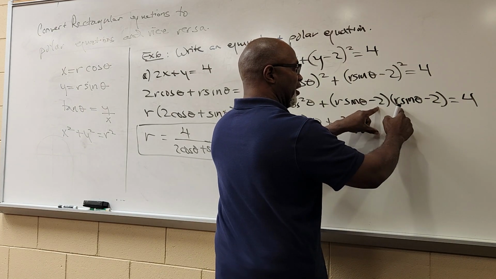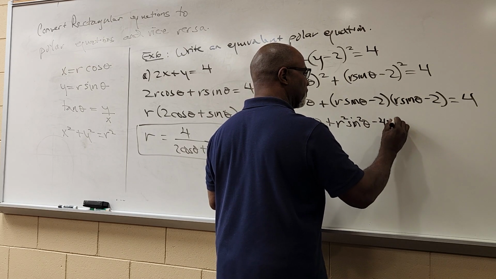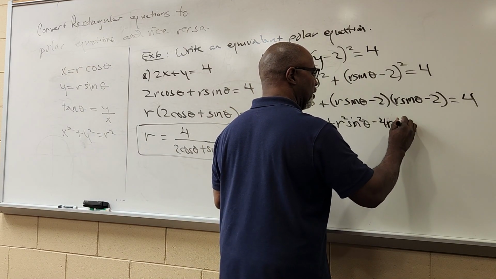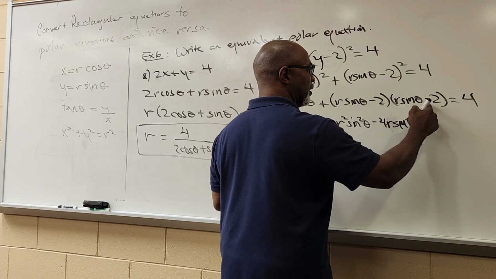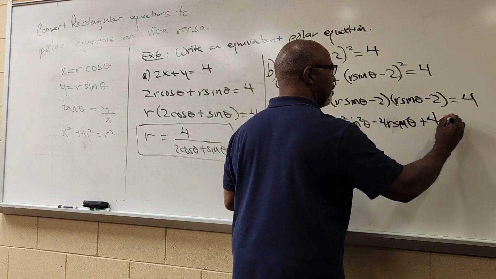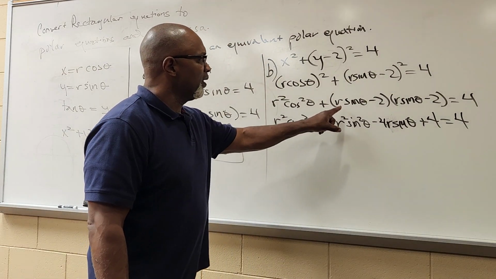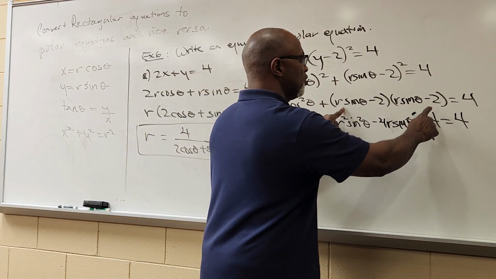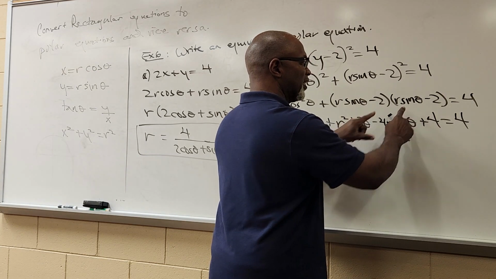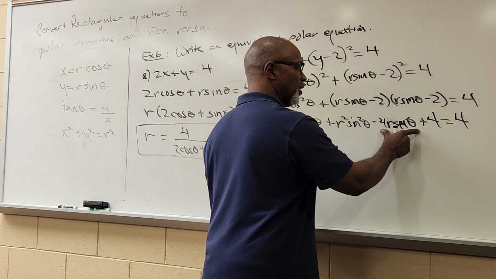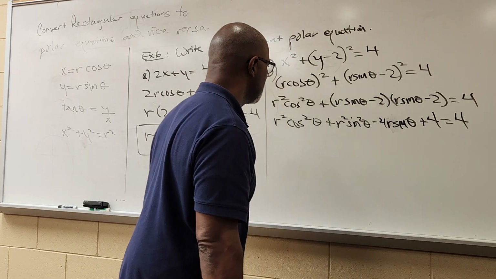So the outer and the inner combine to give me minus 4 r sine theta. And then negative 2 times negative 2 gives me plus 4. And that's still equal to 4. So again, the outer product was negative 2r sine theta, the inner product was negative 2r sine theta. Those two combine to give me negative 4r sine theta.